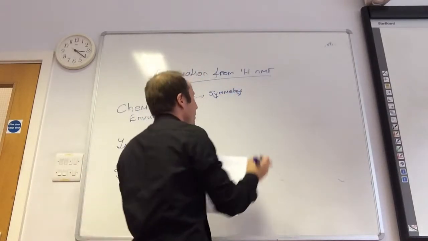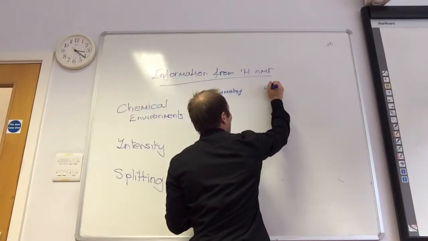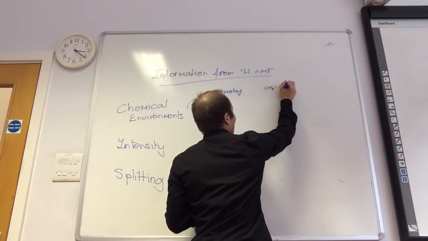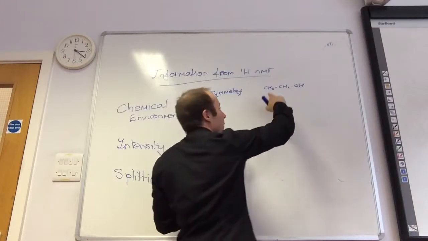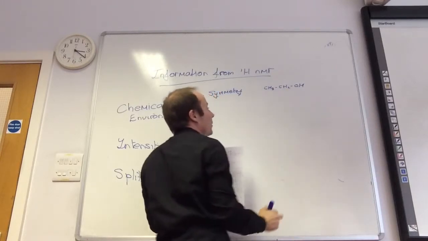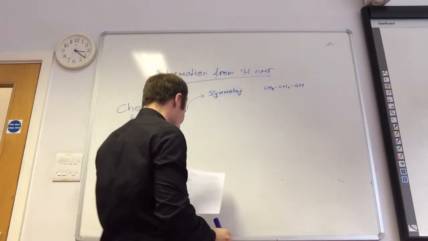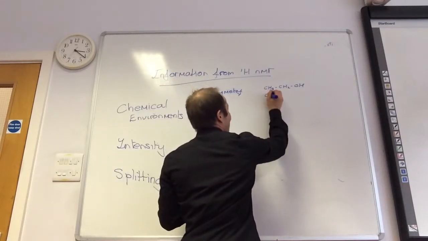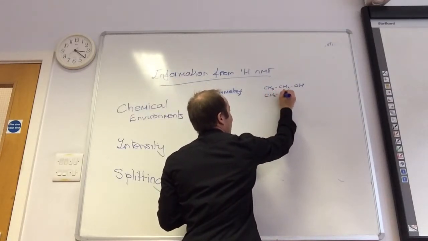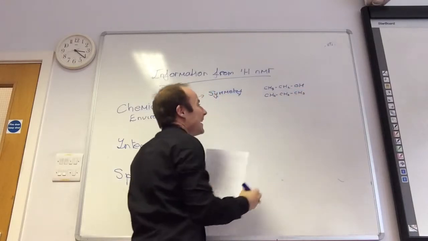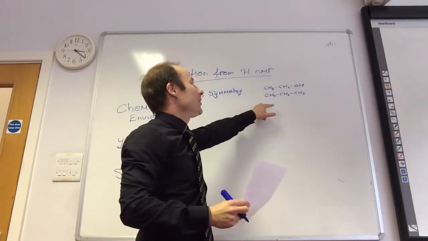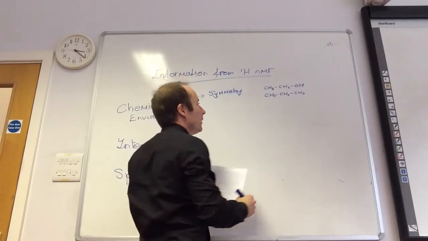So look for any symmetry in the molecule. For example, if I'm looking at ethanol, I would expect 3 signals for ethanol. If I have propane, how many signals would I expect for propane? 2.